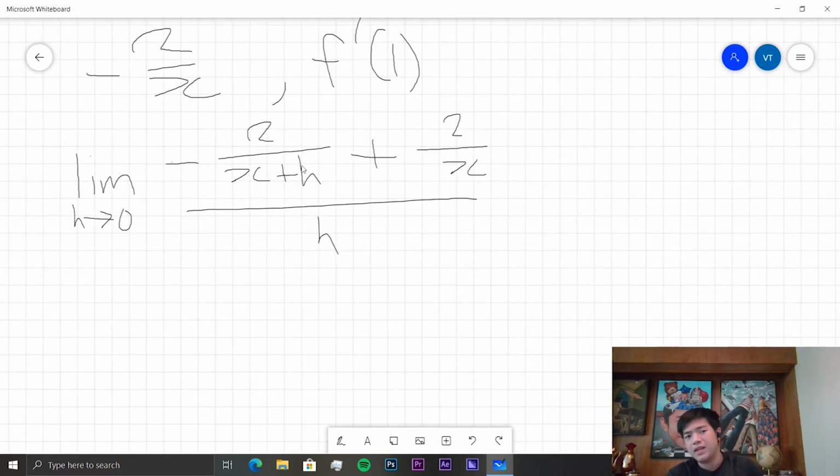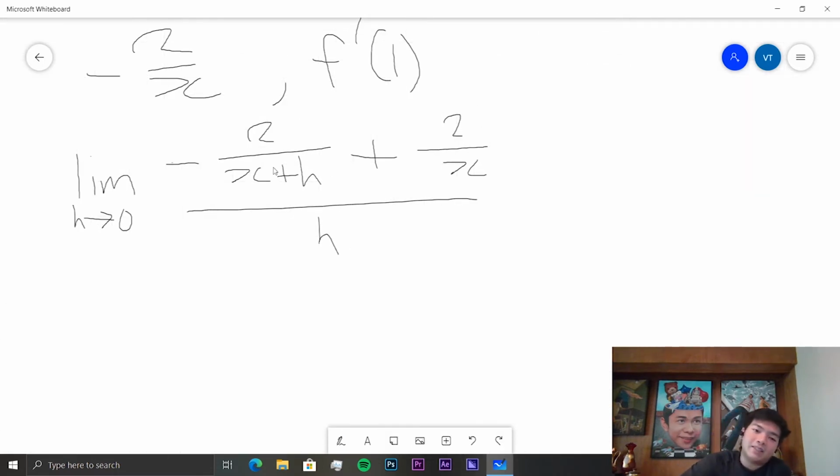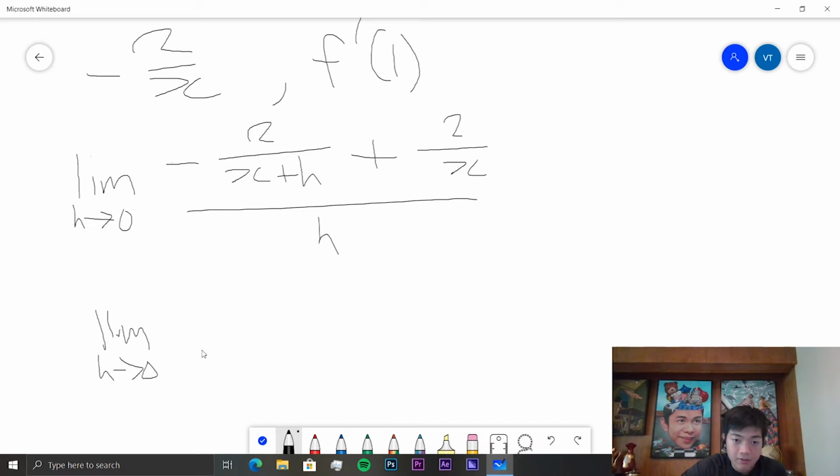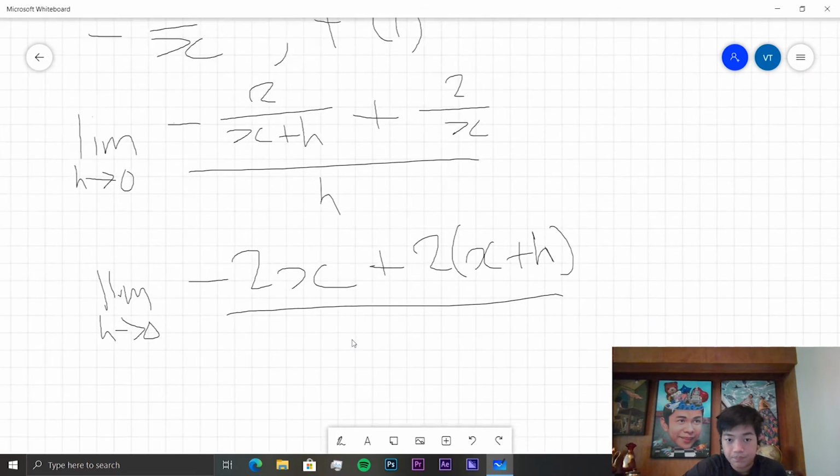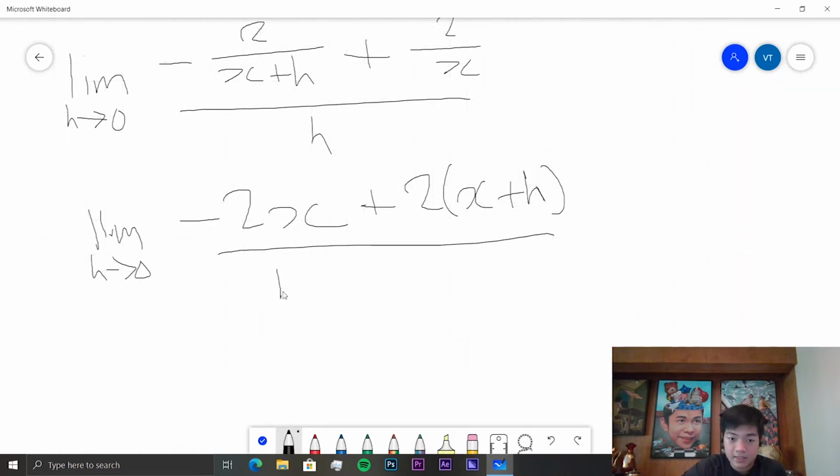So we have to multiply both top and bottom by x times x plus h. So we have the limit as h tends to 0 of negative 2x plus 2 times x plus h, all over h times x plus h. So h times x squared plus hx, effectively.